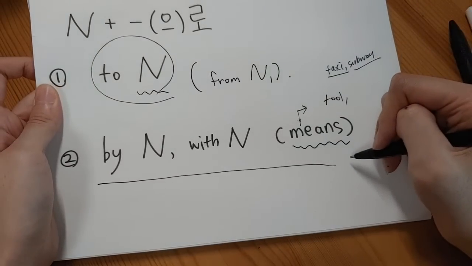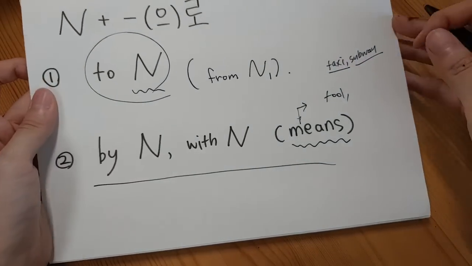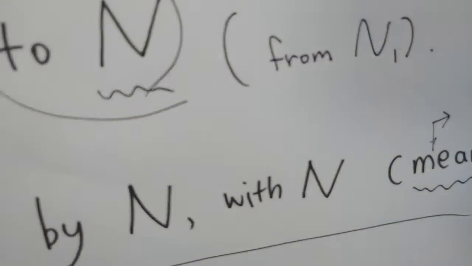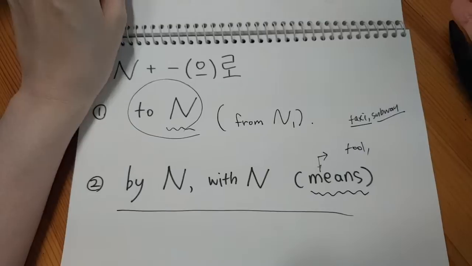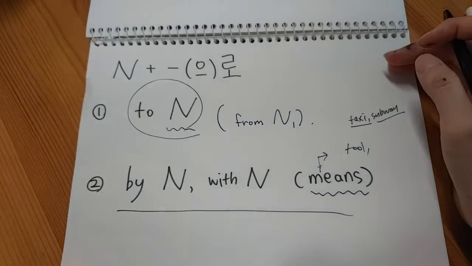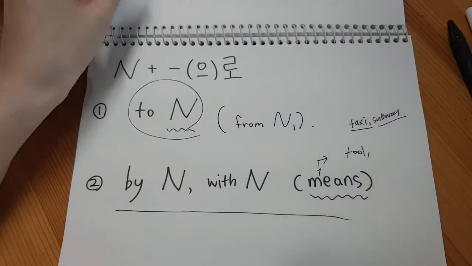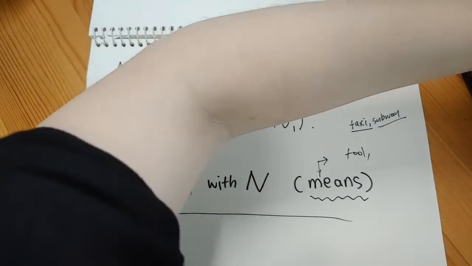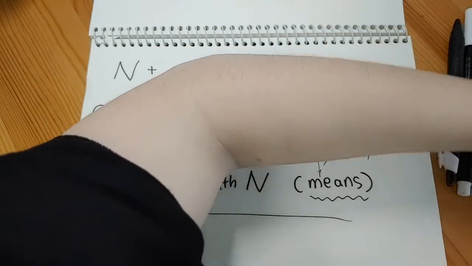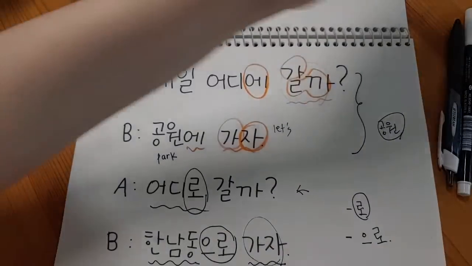So means is like the assisting tool, right? 수단 in Korean, 수단. The method, yeah, that works too. So yeah, it's already been an hour. Wow, I can't believe it's already been an hour because I brought so many example sentences.